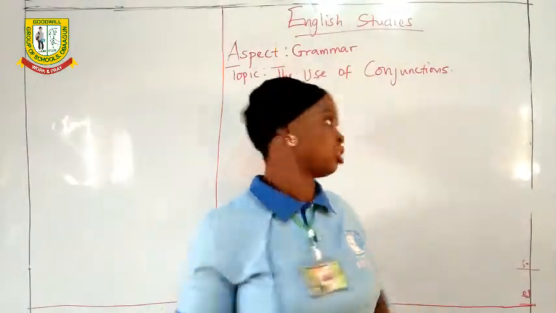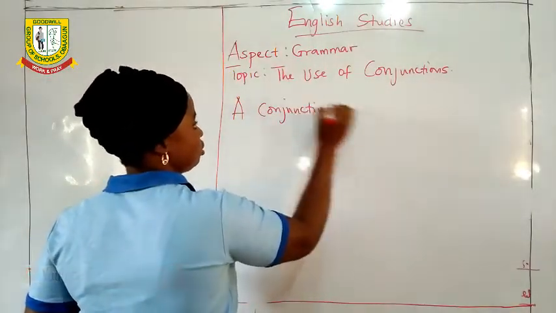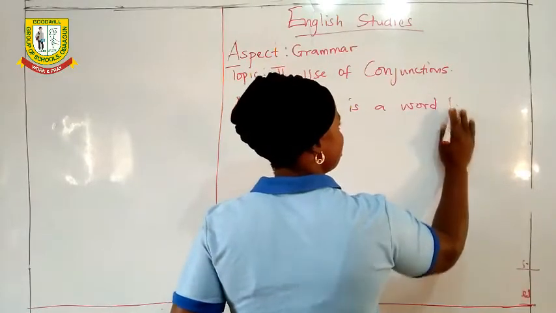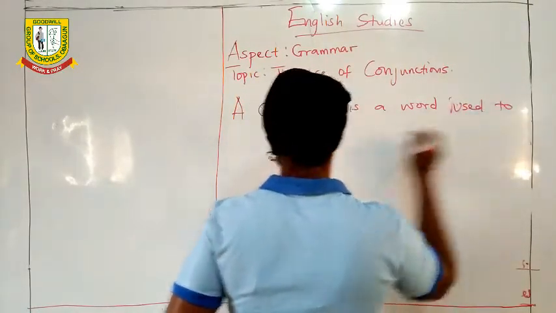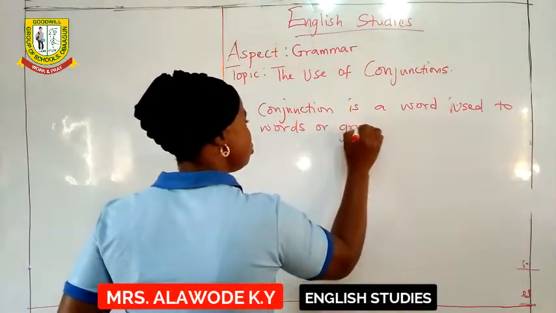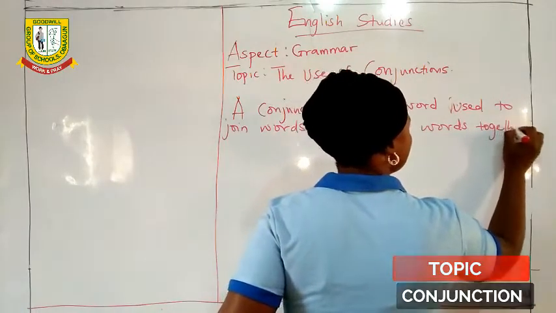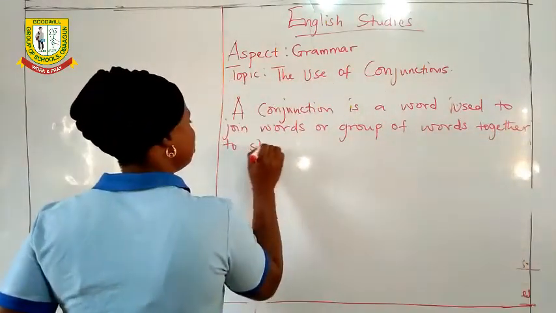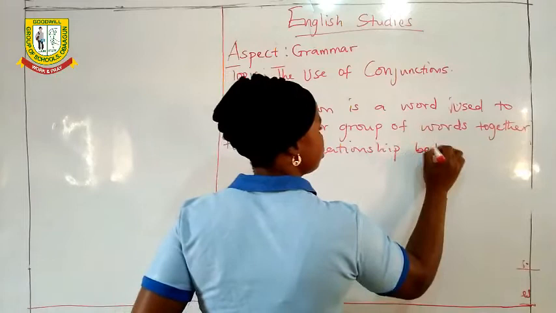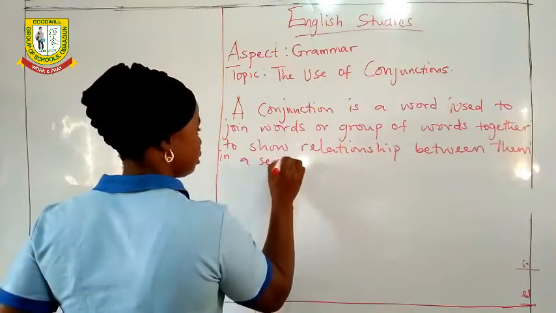So I said a conjunction is a word used to join words or group of words together to show relationship between them in a sentence.